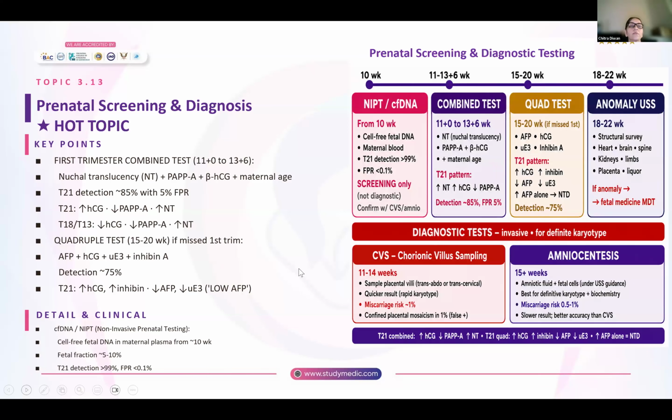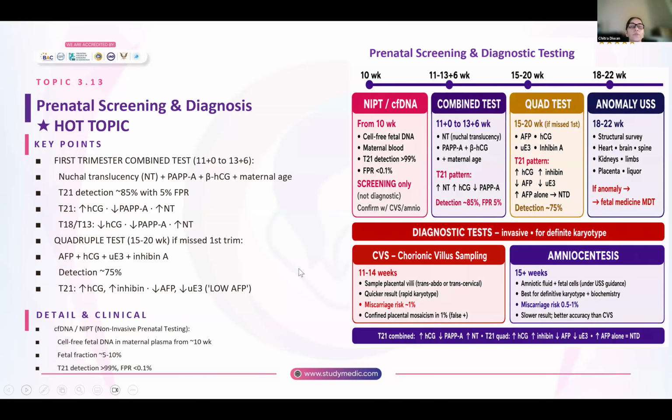So in the first trimester, you can do the combined test, which is done between 11 to 13 weeks of pregnancy. Here, combined test means what is done? The nuchal translucency is measured because we know that in Down syndrome, if it is more than 3.5, it is diagnostic, or it says that it is a high risk.